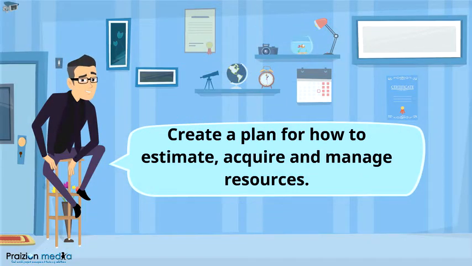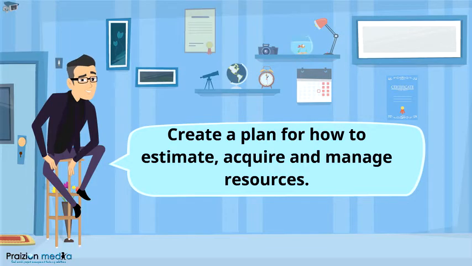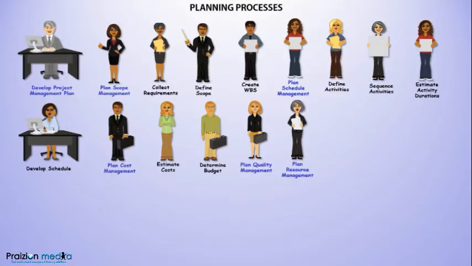This first process in resource management is plan resource management, and we obtain a resource management plan. The resource management plan is a plan for how to estimate resources, acquire resources, develop the human resources, and manage the human resources, as well as control the physical resources.